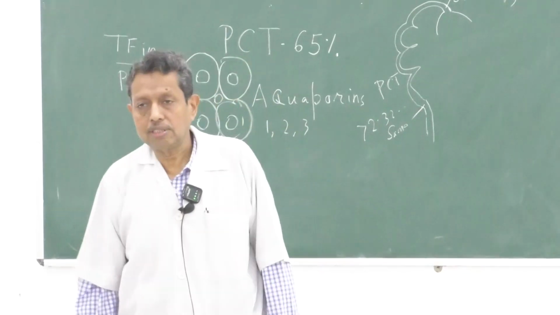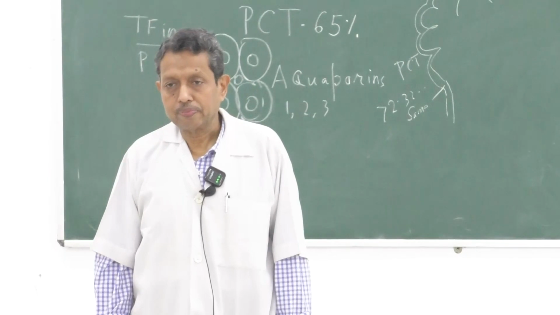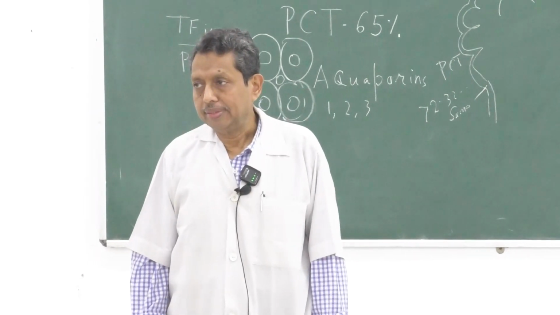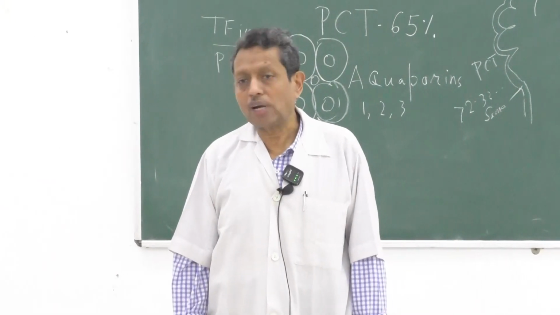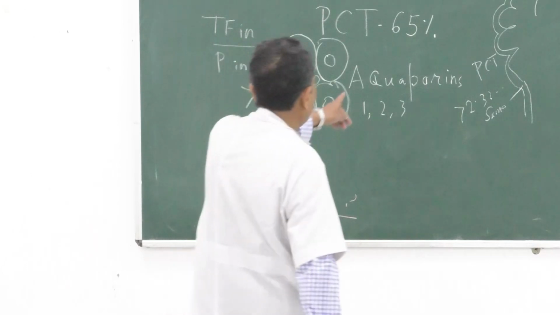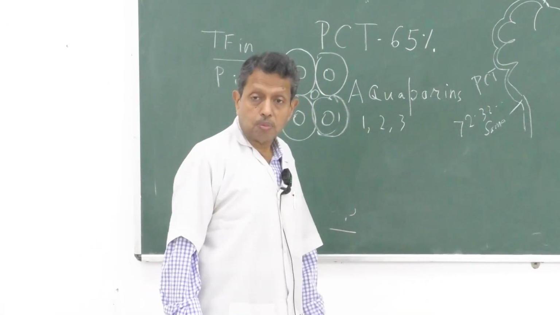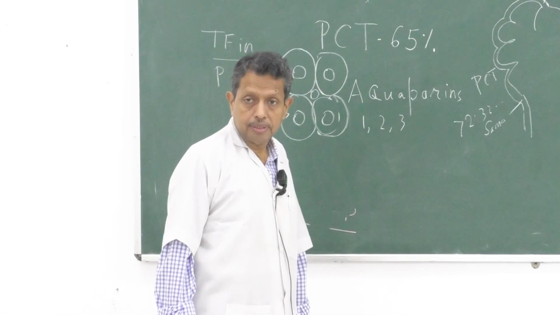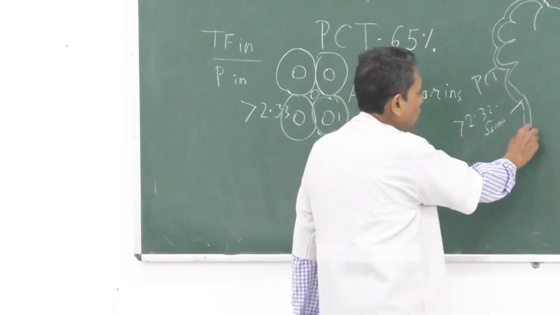Like potassium channels, they are 4 subunit structures. So these are in the general physiology of transport across the membrane, and in this way 65% of the filtered load is reabsorbed passively. Now water is coming through the descending limb of loop of Henle.